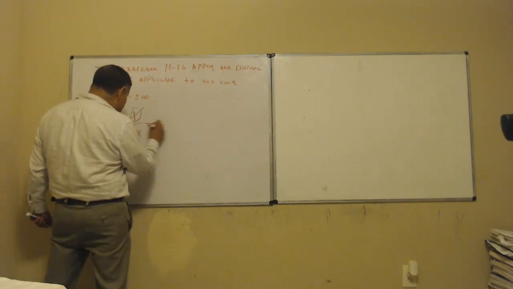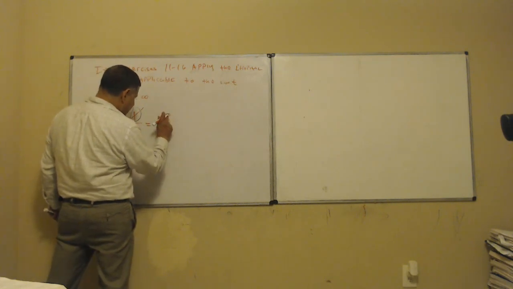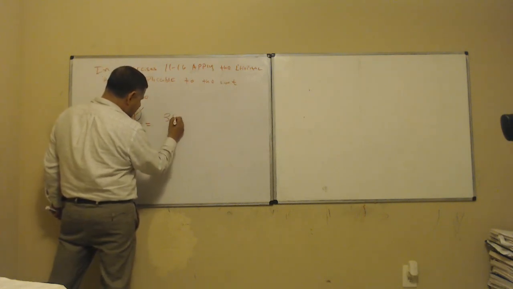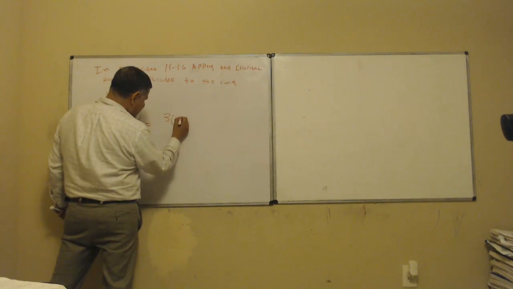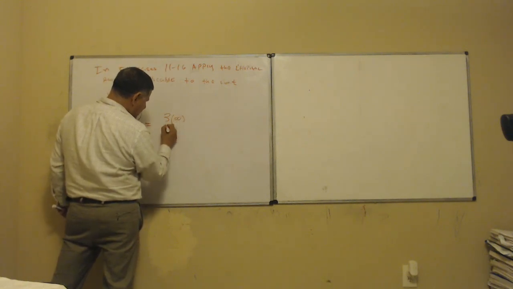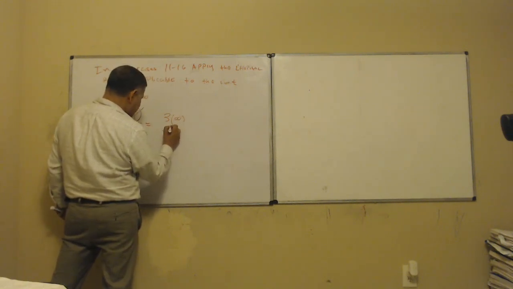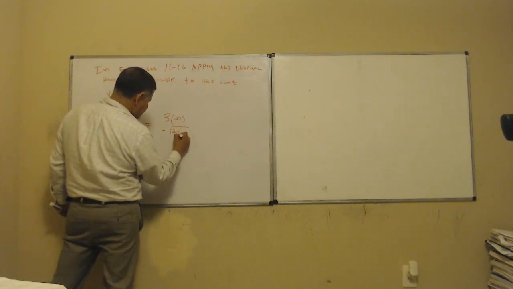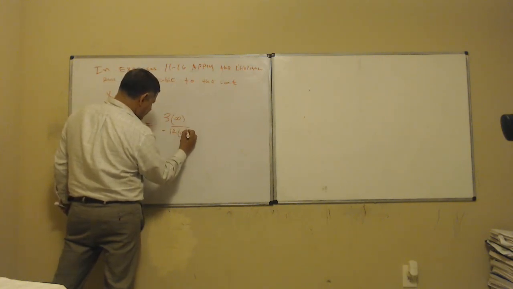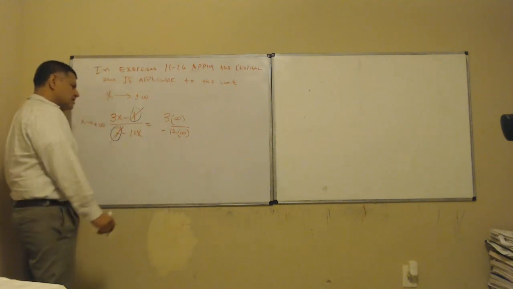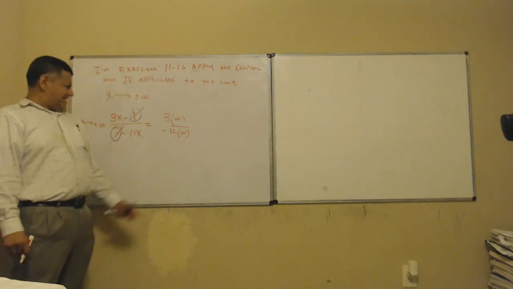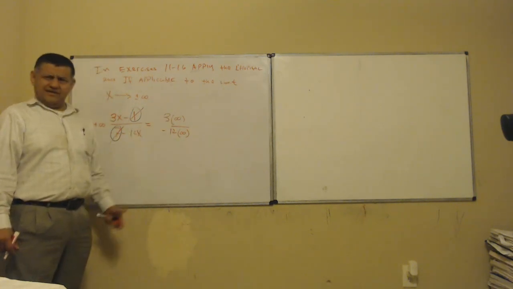Now we take these numbers: infinity 3 times, and then we put minus 12 infinity. Now what? What the heck? What is going on here?